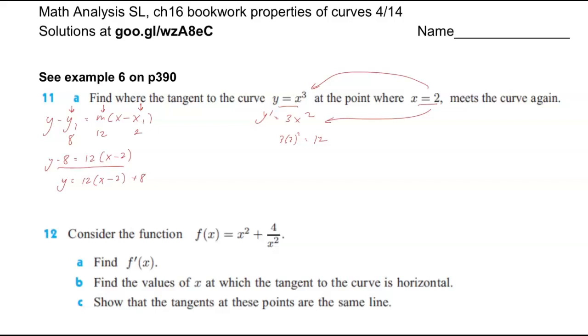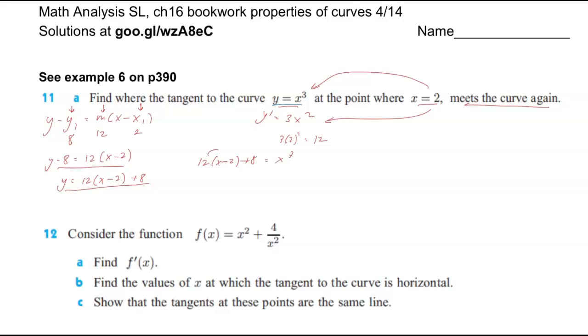Now we can set the tangent line equation equal to the original function, and then we'll have an equation which we can use to figure out when do these two intersect at each other, because then we want to know when the tangent line meets the curve again. So we have 12 times x minus 2, plus 8, equals x cubed.